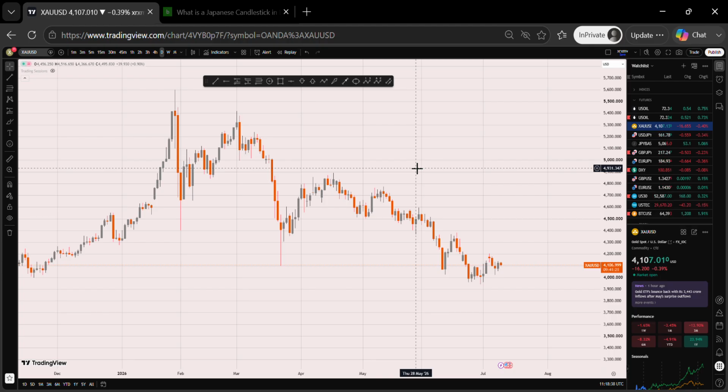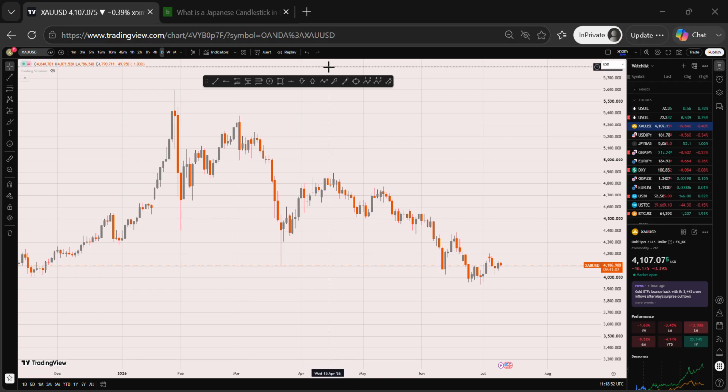The candlesticks give you context, they tell a story. As you can see, the candlesticks have two colors on my chart. The fact that it has two colors tells a story, it's giving context to the asset.